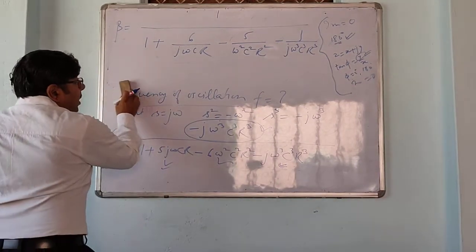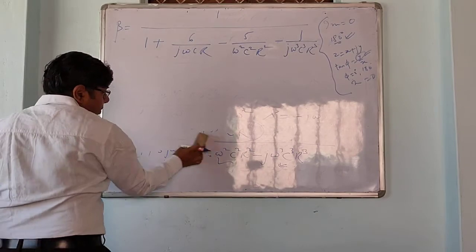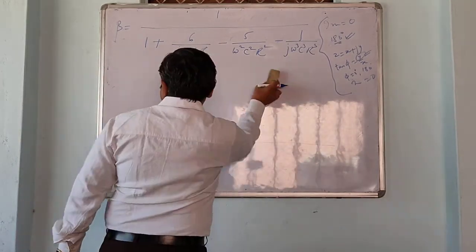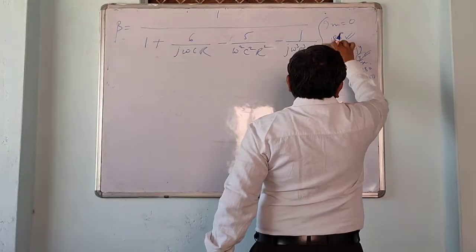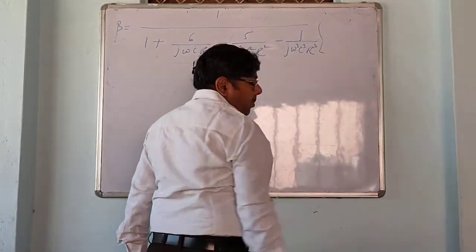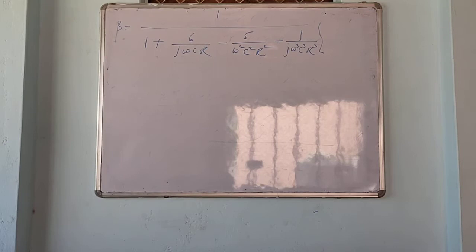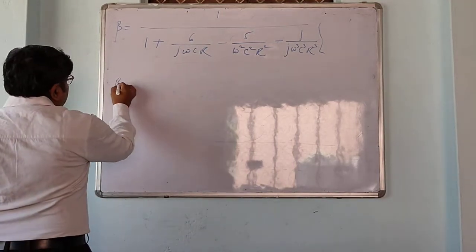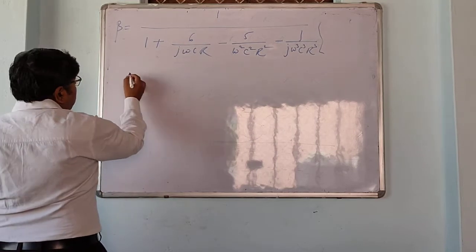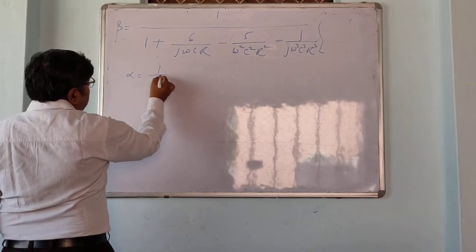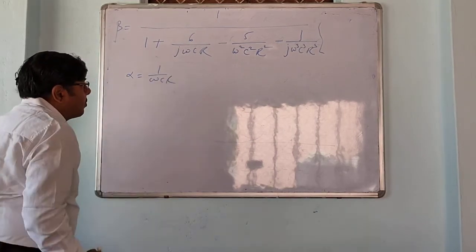So now from here you can write beta is 1 upon. Now for simplification, let alpha equal omega CR.